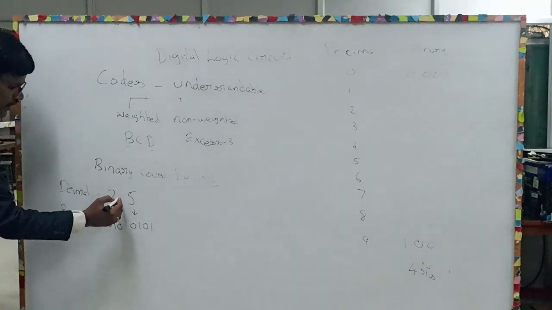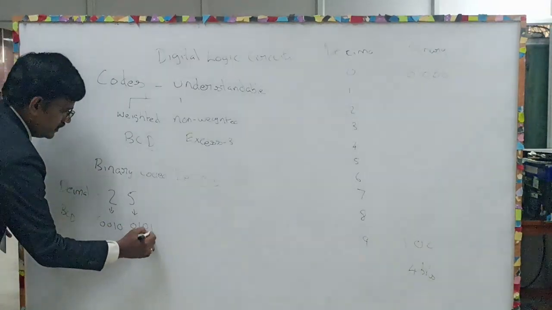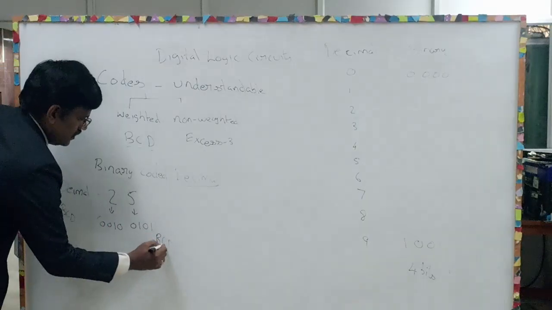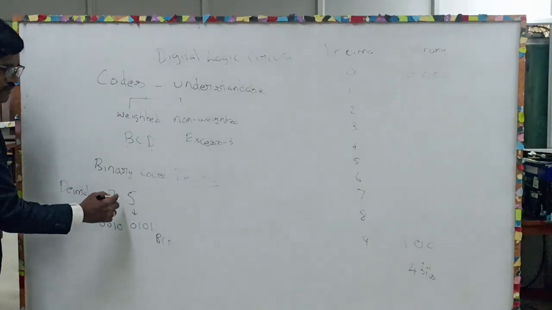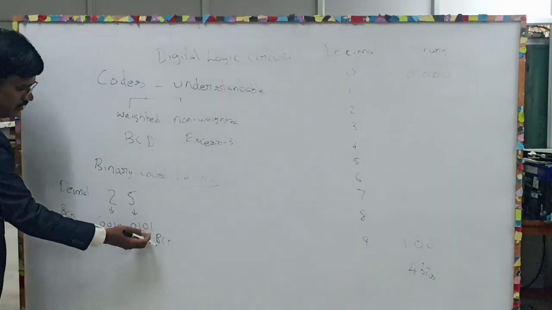So, this is the BCD equivalent, or the BCD representation, for the value 25. So, this is 25 and this is our BCD value.